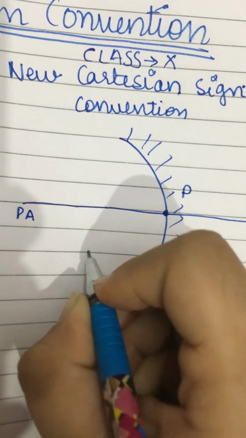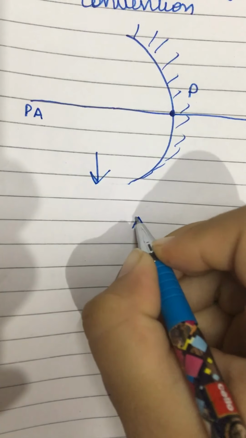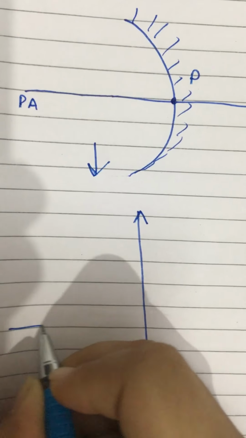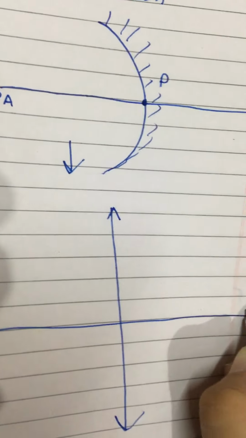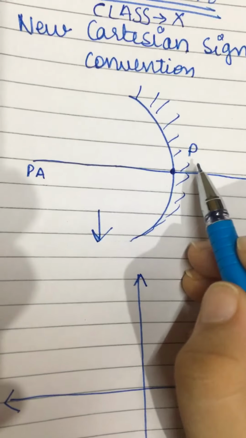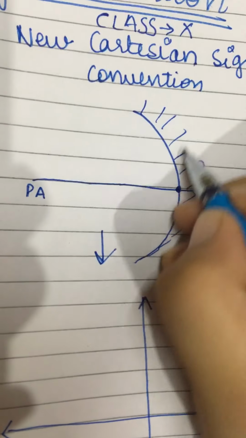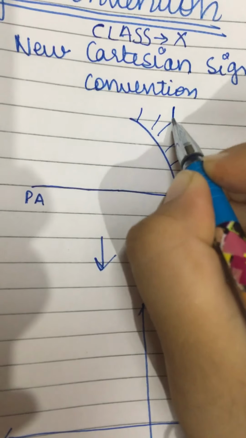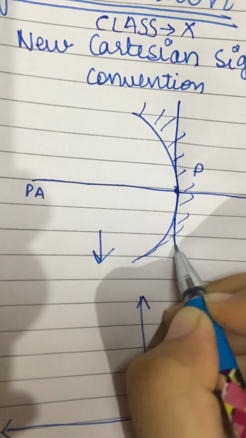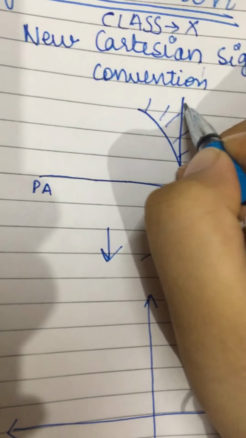So let us understand with the help of a graph. Why is the pole of the mirror taken as origin? This is because if we take a line straight, perpendicular to the principal axis, it looks like that.